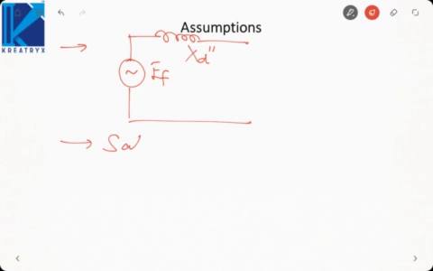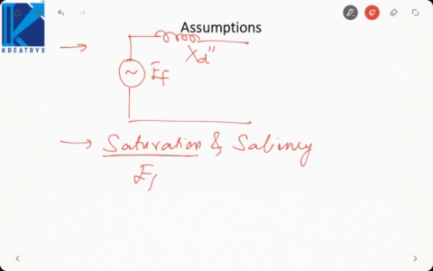Next, we will neglect saturation and saliency. Now why are we neglecting saturation? Because if we neglect saturation, then EF is proportional to IF. So I can easily control the excitation of the machine, and that is very important for transient stability analysis.